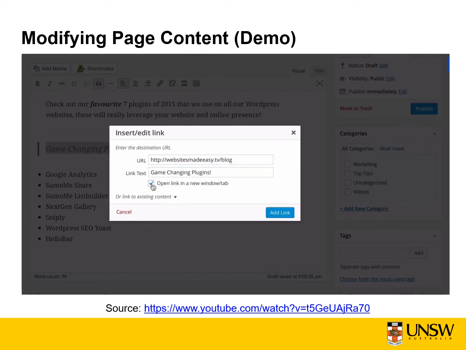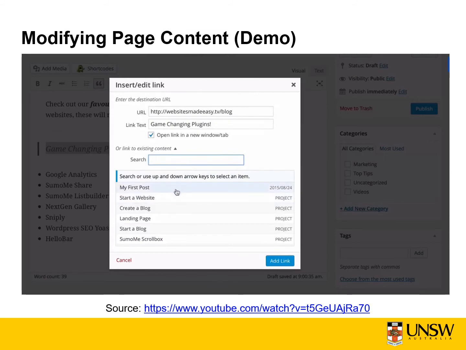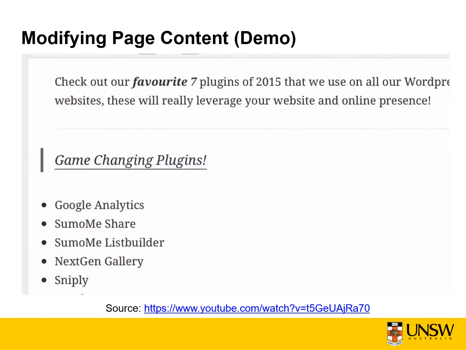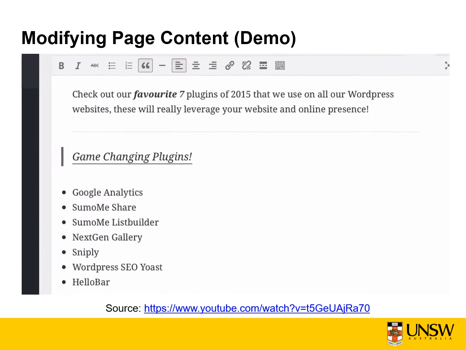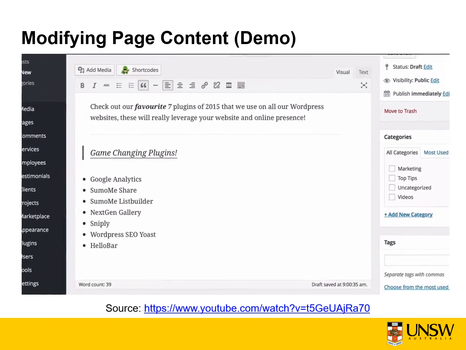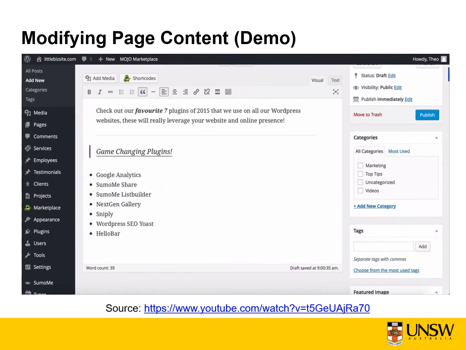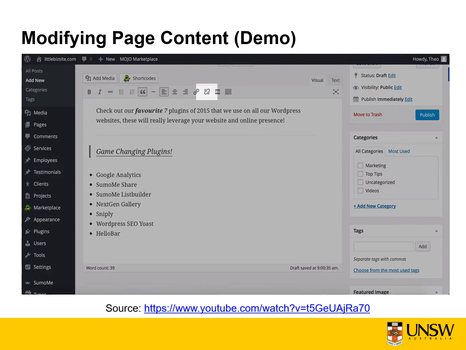This is a great way to link other websites with yours, but it's also great to link to your own existing content by clicking here and selecting a post or page from the list at the bottom of the window. When you're done, you just click on Add Link, and that will now be a link on your post or page. To remove a link, you just highlight it and click on the Remove Link button here.